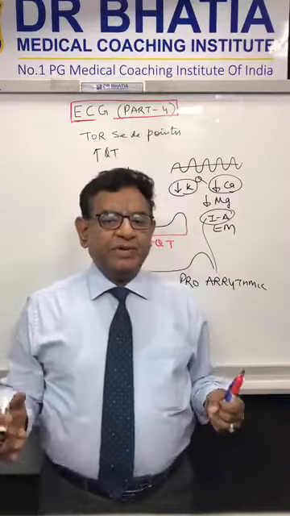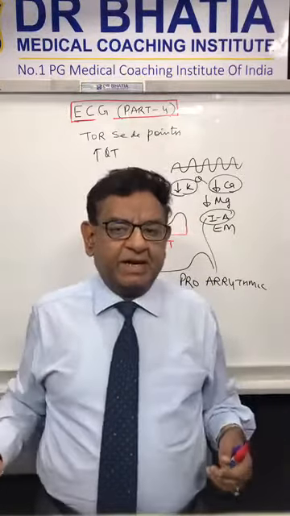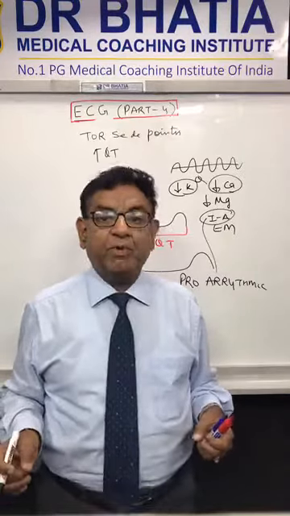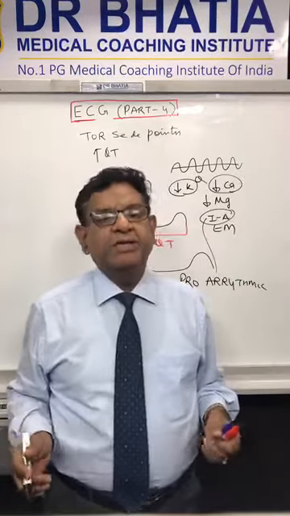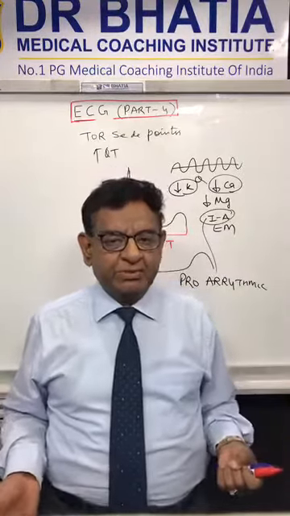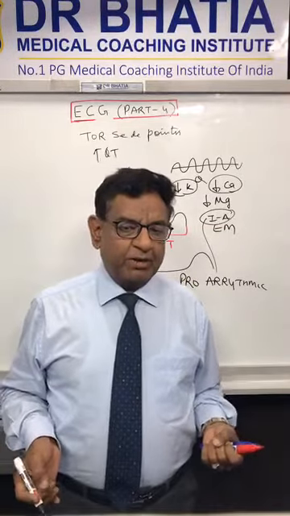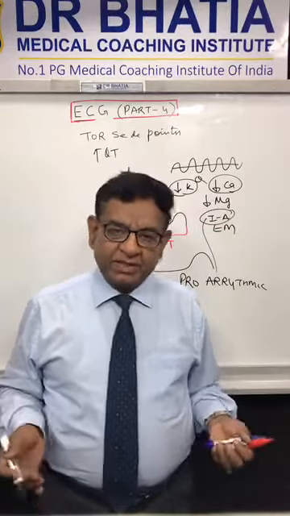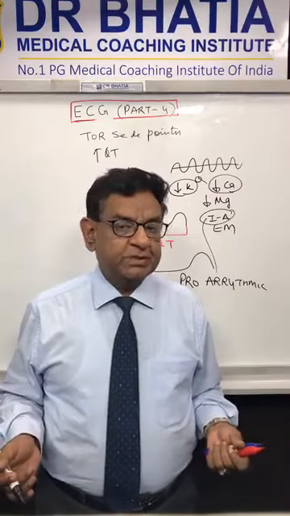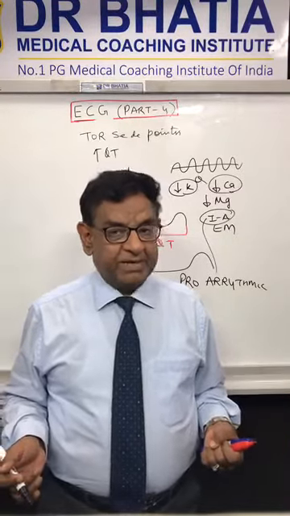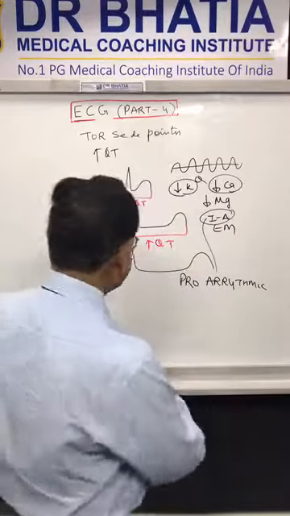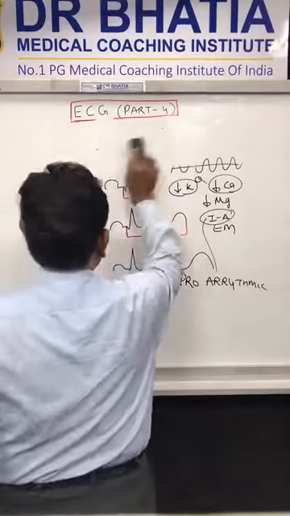You know, class 1A is an anti-arrhythmic drug, but they have the quality of prolonging the QT interval. So they in themselves can induce arrhythmias. That's why class 1A drugs like procainamide and quinidine are also known as pro-arrhythmic drugs. Right?